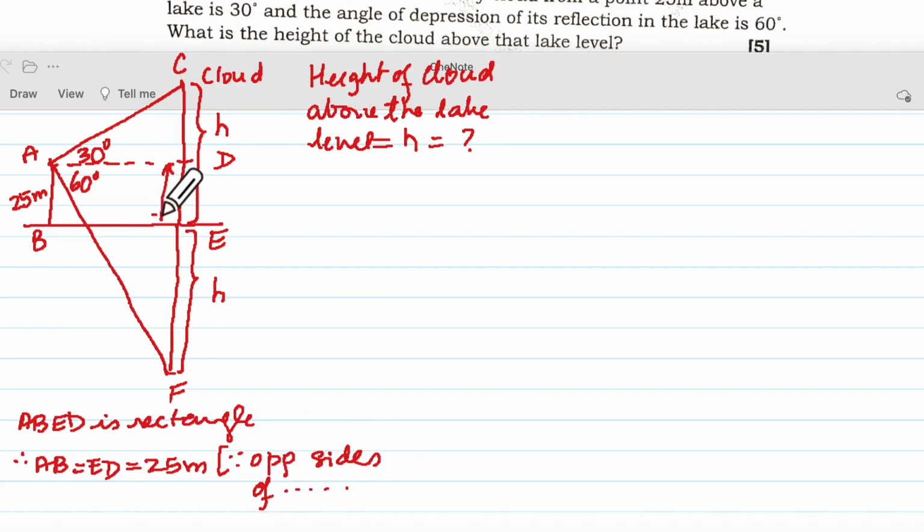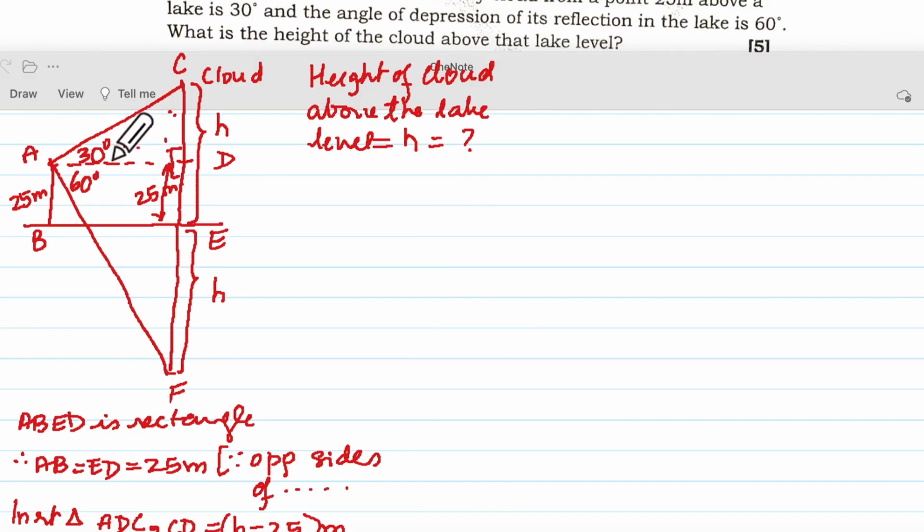So from here to here, this is 25 meter. Now you will see there are two triangles. This is one triangle. So in right triangle ADC, I will have CD equal to H minus 25 meter.